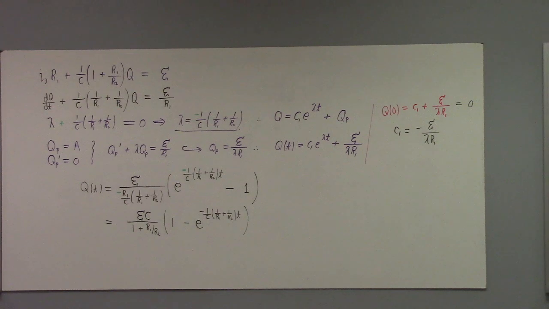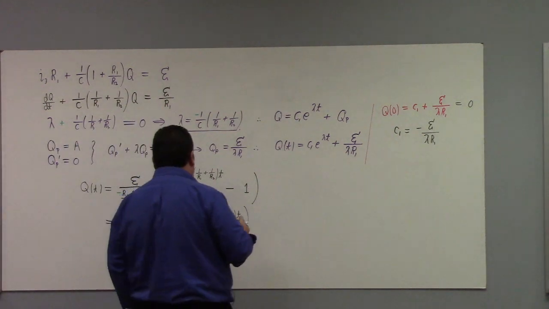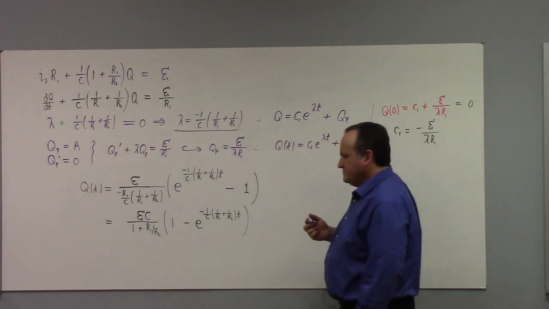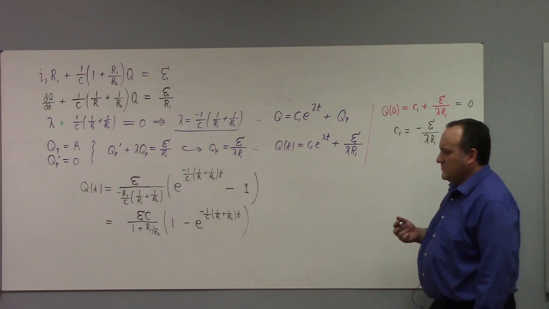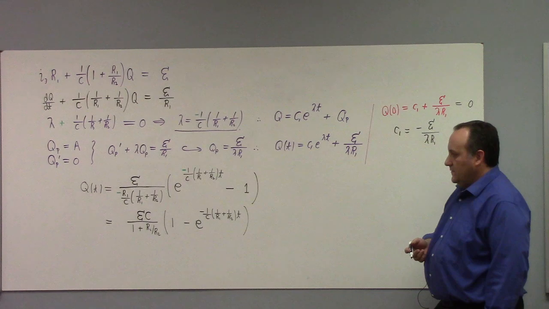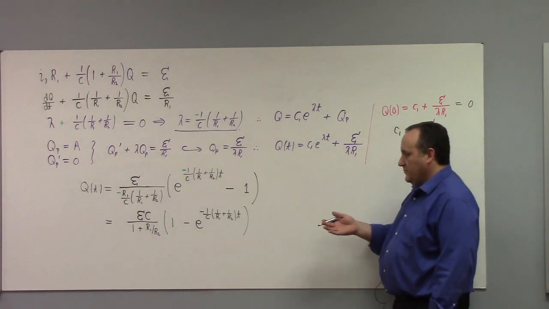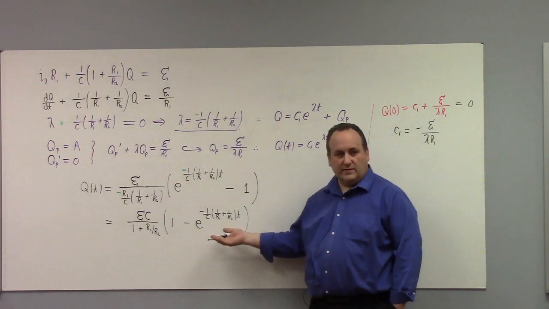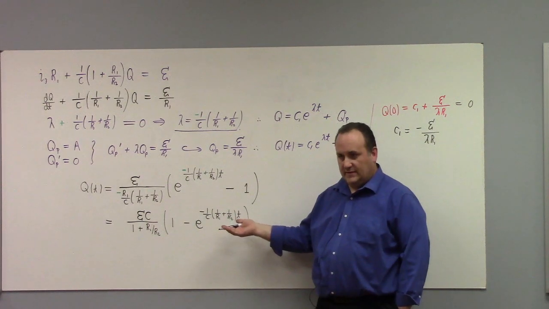Let's check on whether or not this makes sense. Does this check with what we expect intuitively speaking? First of all, at time t equal to 0, we get 0, right? That's good. We should like to see that.